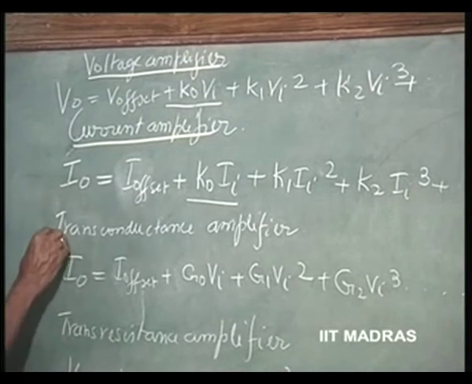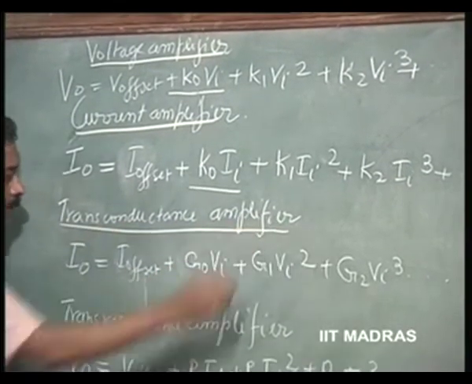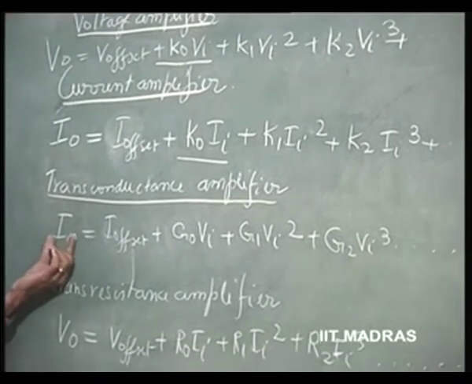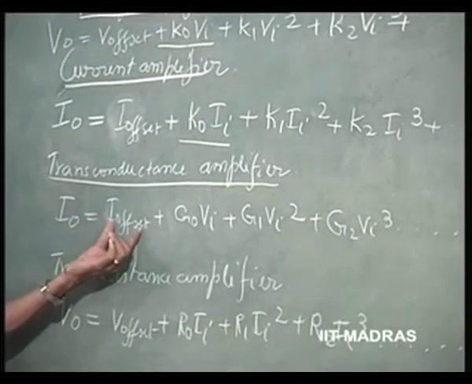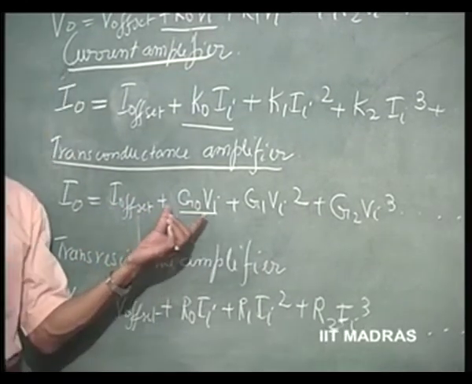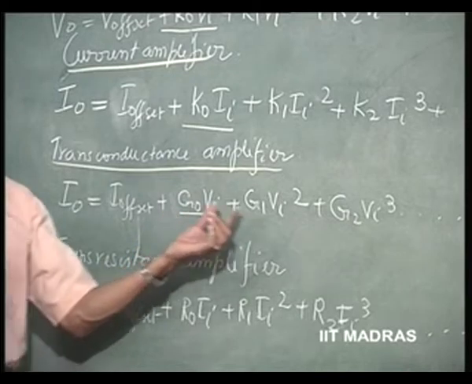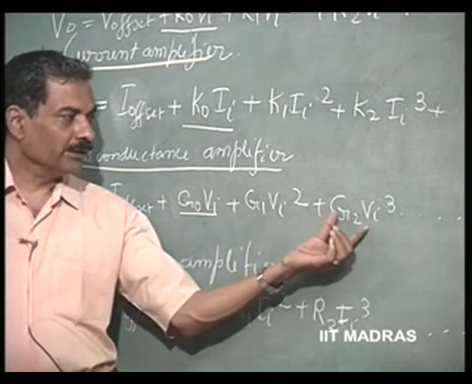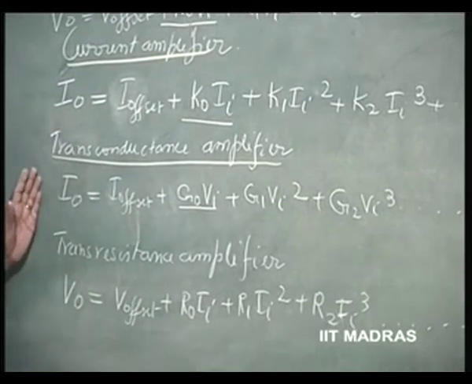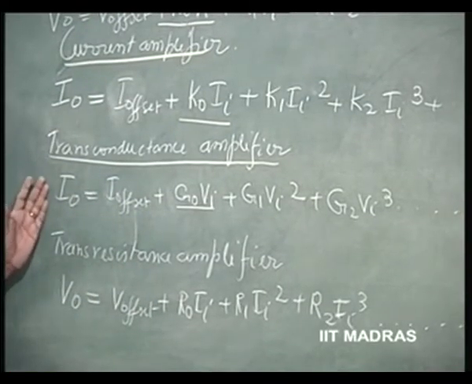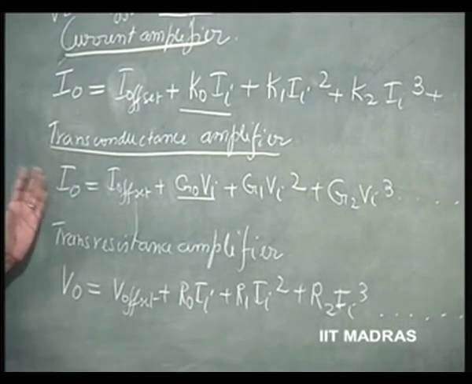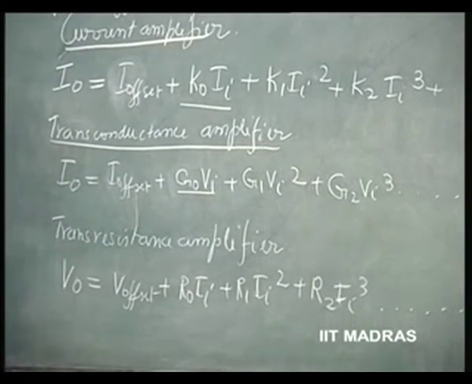The transconductance type amplifier, this is becoming quite popular these days in IC designs. I naught is equal to I offset plus G naught into Vi, linear term, and then G1 into Vi squared, G2 into Vi cubed, etc. Your transistor amplifier, BJT or FET, can be put under this category of transconductance amplifier.